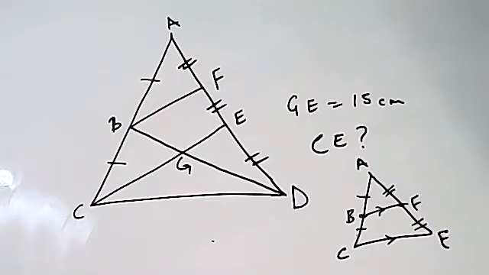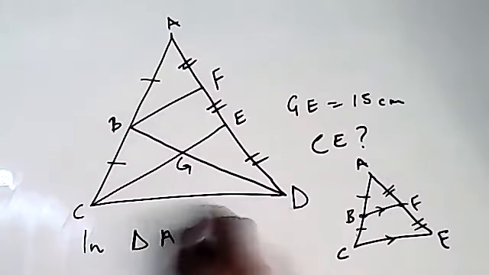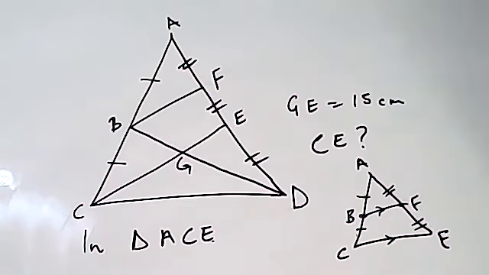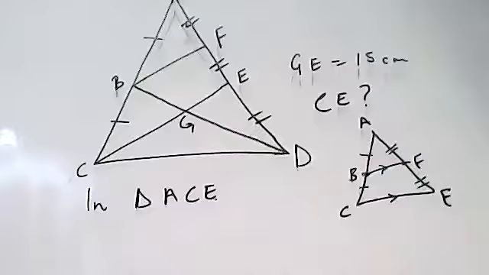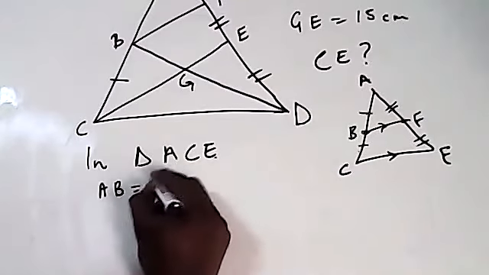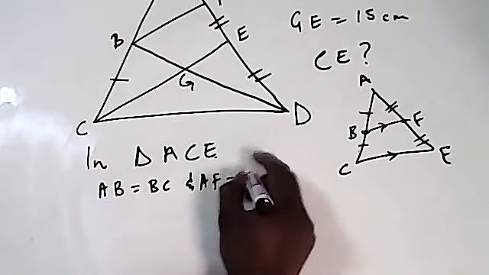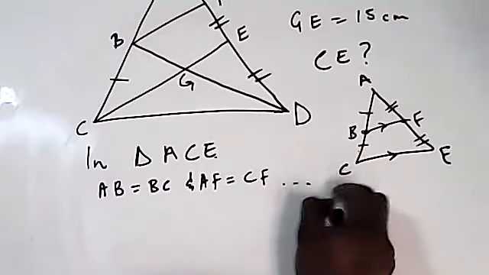So already we are happy, because we know that. So that can be our first statement: in triangle ACE, what do we have? We have AB being equal to BC and AF being equal to FE, and the reason is given.